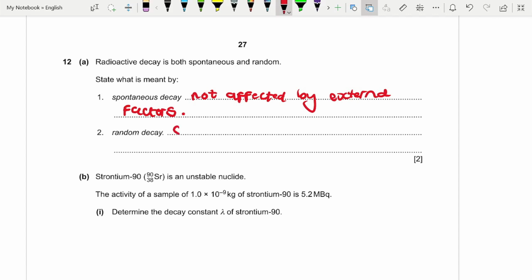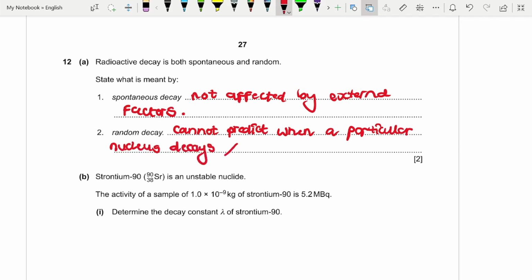And for random, well, random actually means cannot be predicted. You can't tell. You have multiple nuclei in a sample. You can't tell when one nucleus is going to decay, which nucleus is going to decay, how many nuclei are going to decay here, here, and there. So what you can't do is predict when a particular nucleus decays.